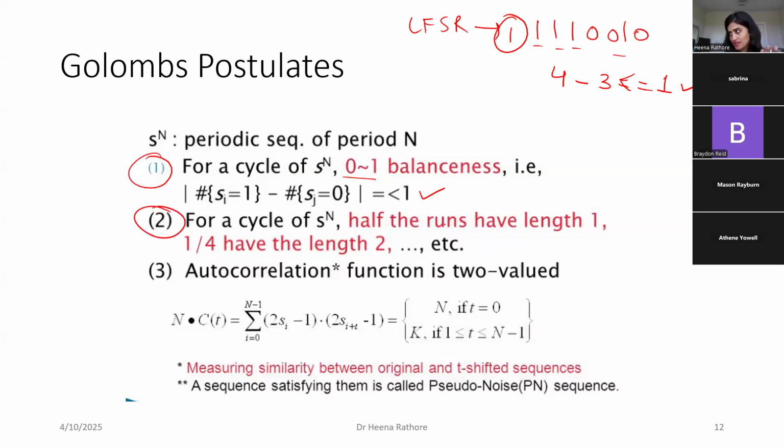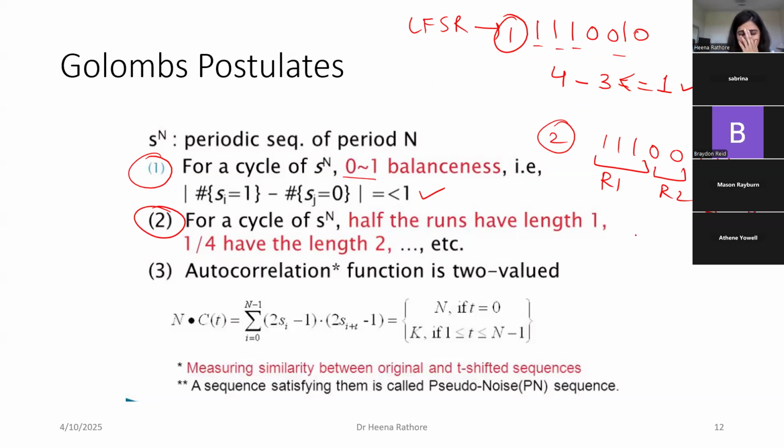So rule number 2 says, we will calculate the number of runs over here. If you remember, the number of runs is consecutive sets of zeros and ones. So this is run 1, this is run 2, this is run 3, and this is run 4.